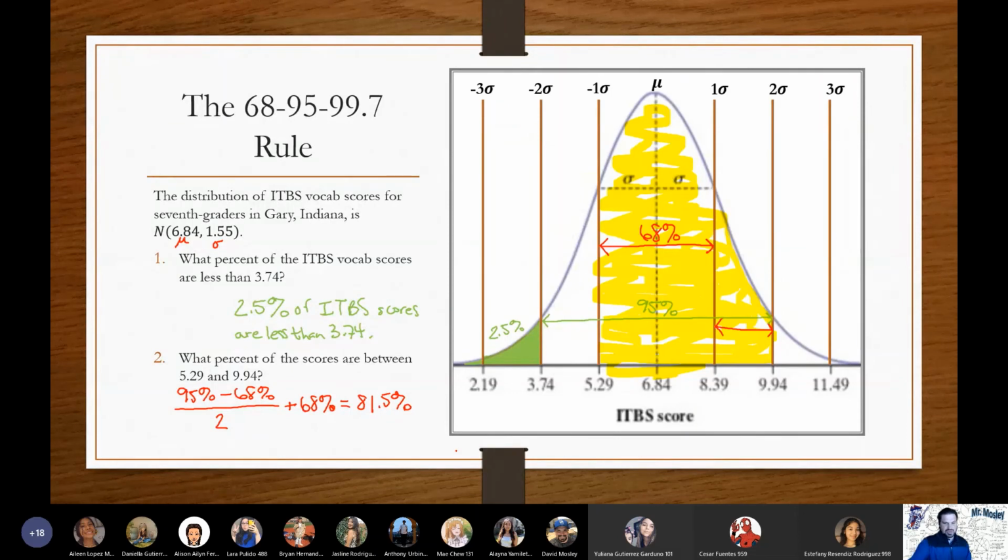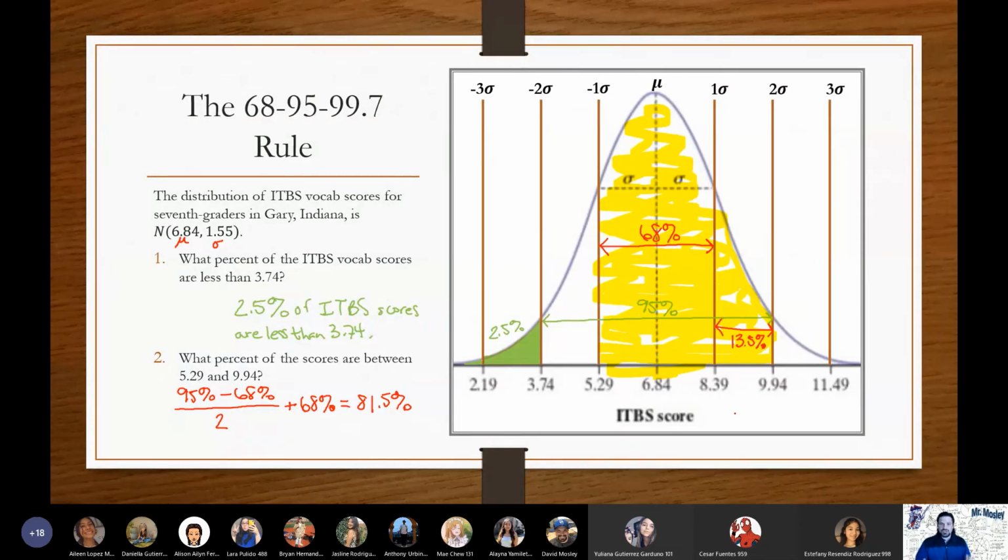If my mental math is anywhere correct today, I think that's 81.5. I don't know why I'm trying to do it all in my head when I have a calculator. Yep, it is 81.5. And that's because this portion here was 13.5%.